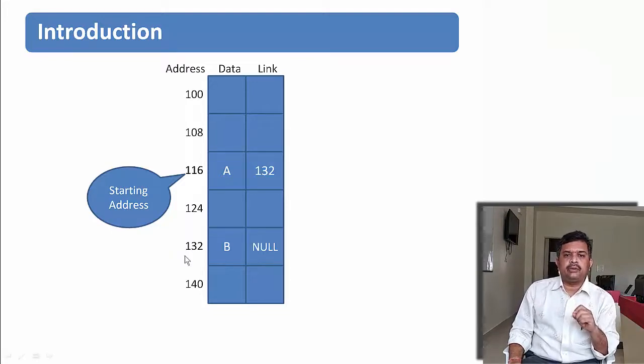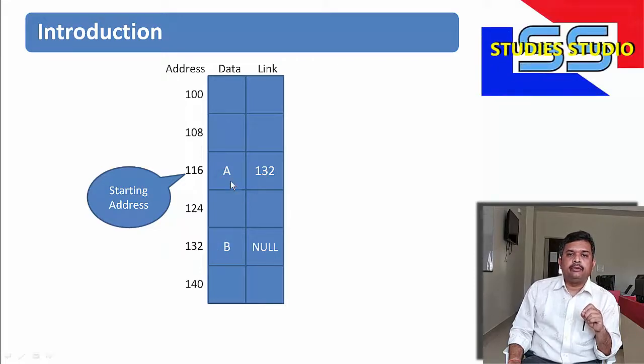Let the next location be 132. The data saved here is B and its link is null. You can see here for A, the address of B is kept. 132 is the address of this particular node, and to follow A, the address 132 is written here.